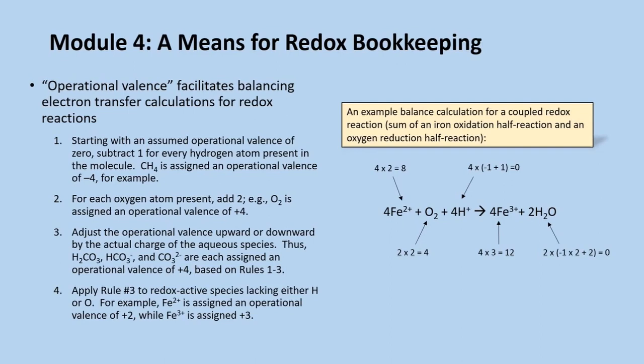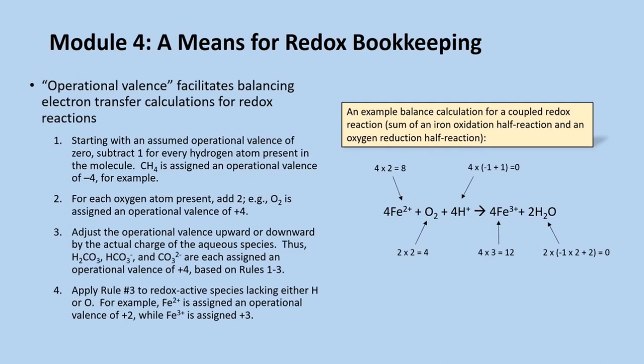And finally, apply rule number 3 to redox active species lacking either hydrogen or oxygen in their stoichiometry. An example of how to do this is shown for ferrous iron oxidation by oxygen here on the right. You can see by inspection that the numbers work out and the reaction balances in terms of operational valence.